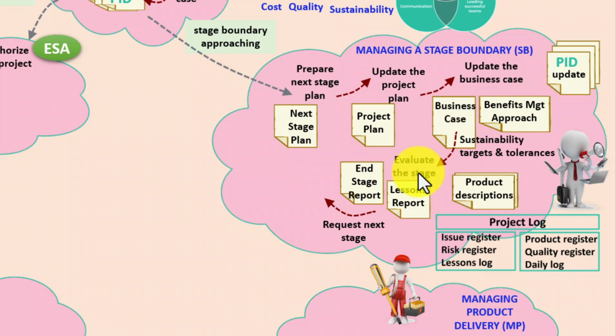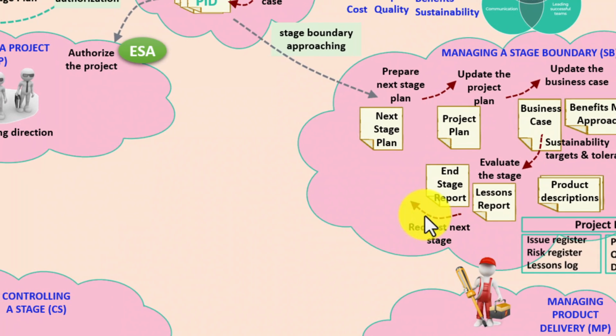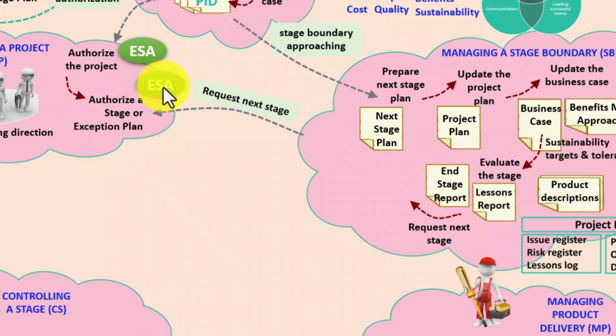The whole point of managing a stage boundary is to get this information, update the PID and so on, and to request the next stage. Where does that occur? Watch carefully. Here we go. This now causes the project manager to request the next stage of the project board. Well, pay attention. That happens at an end stage assessment using the activity Authorize a Stage or Exception Plan.